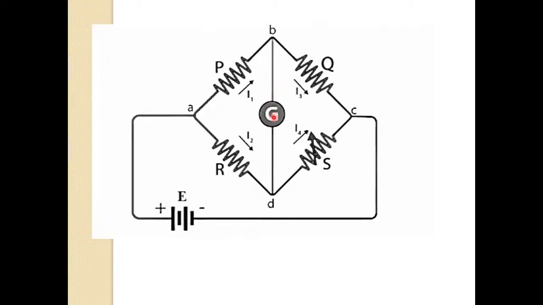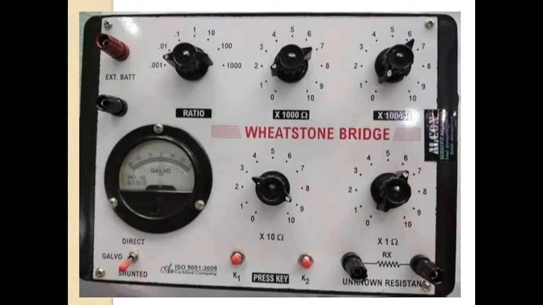If you want, I can show you another image. This is our galvanometer. And it also consists of a source or battery. You can see in this image, an external battery is mentioned here.